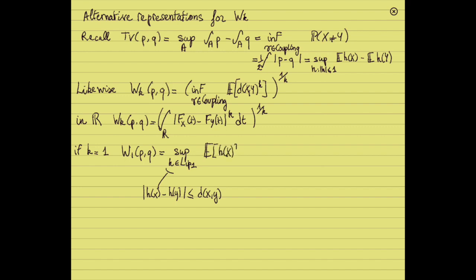So of course it depends again on your choice of distance. Of this supremum of the difference in expectations. So it's similar to this total variation representation, but instead of functions bounded by 1, it's Lipschitz functions with coefficients bounded by 1.